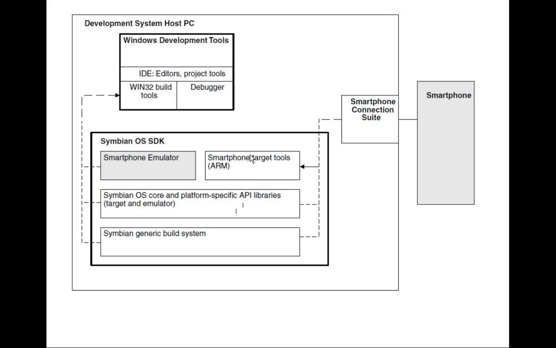It provides compilers, APIs and libraries for target and emulator, and the Symbian generic build system, which helps us create the final output file, which we run on the emulator or the device. This complete block connects to a smartphone.